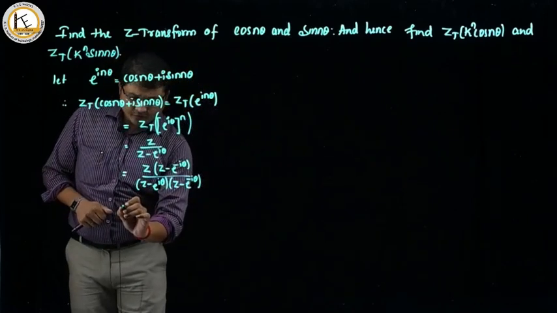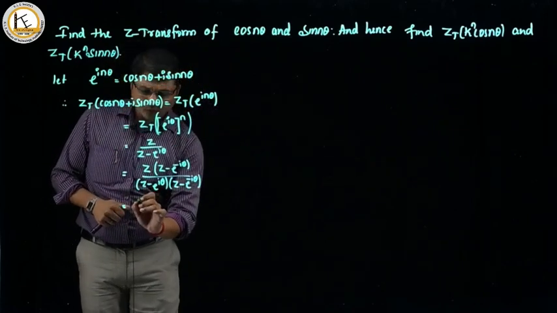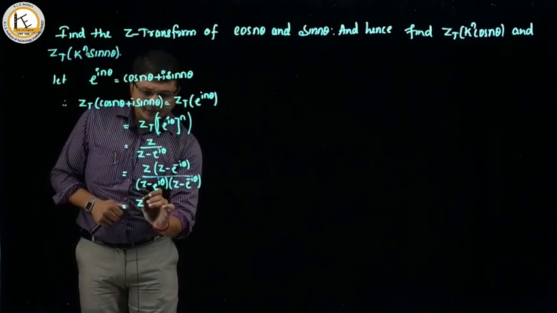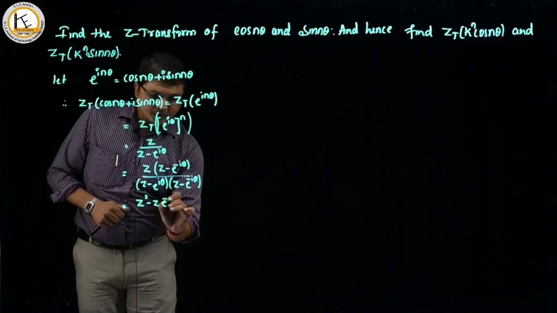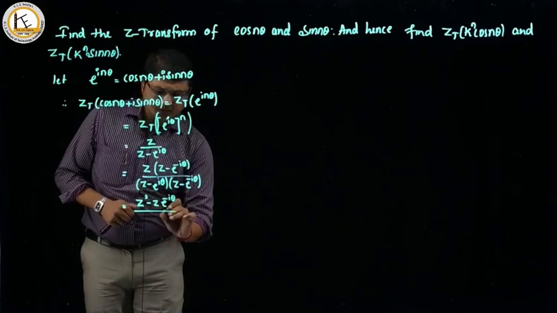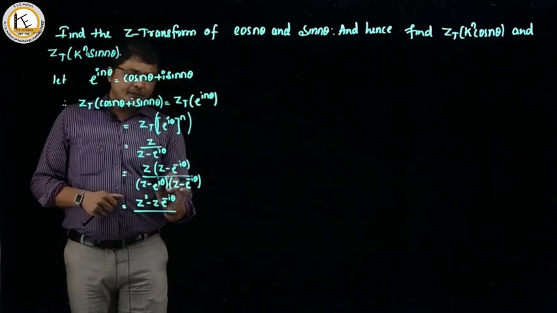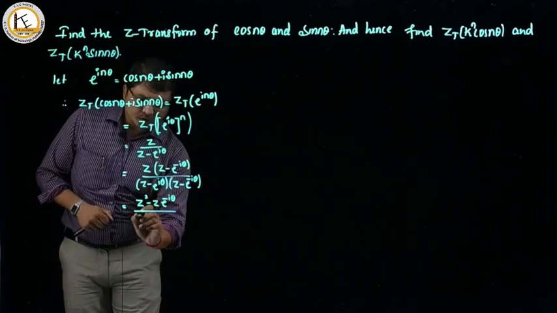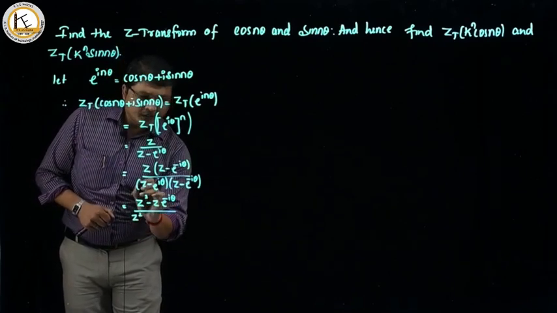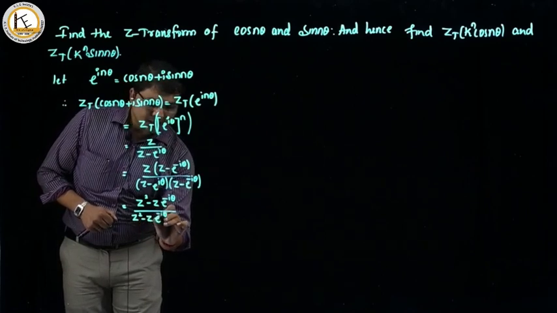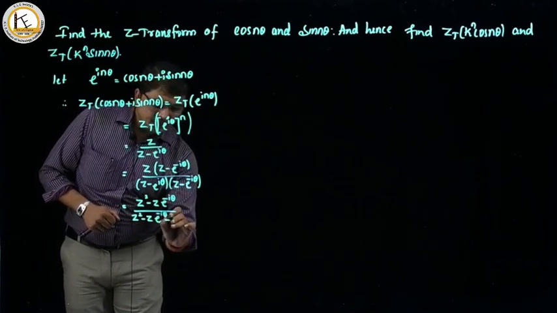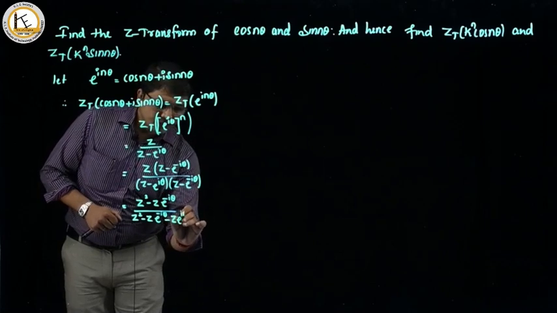So simplifying further, we have z into z is z square minus z into e raised to minus i theta in the numerator, divided by, multiplying in the denominator also, z into z is z square. Next is minus z into e raised to minus i theta. Next minus z into e raised to plus i theta.